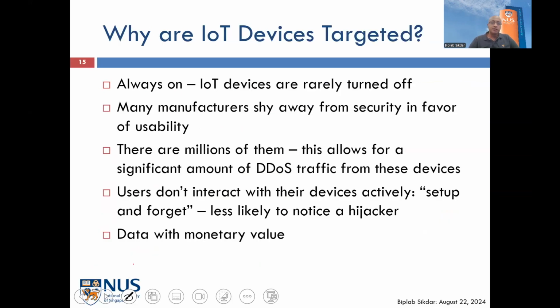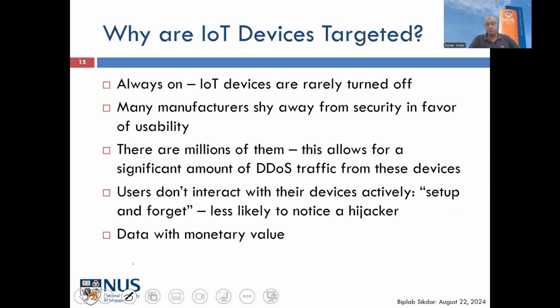And there are other reasons why IoT devices may be targeted. So, for example, IoT devices are usually always on, and they're never turned off, so they make easy targets. And in many cases, the manufacturers of IoT devices want them to be easy to use. And if I want my devices to be easy to use, I usually skip many of the security solutions.